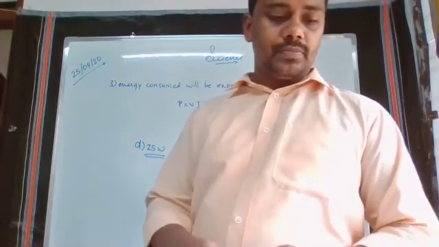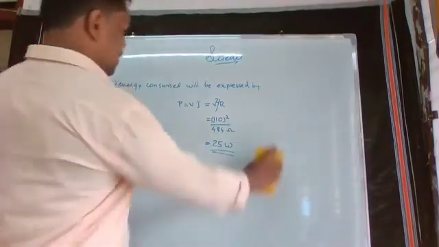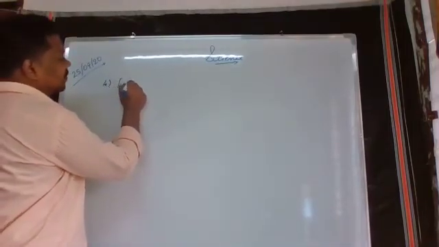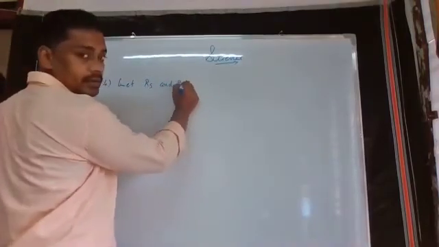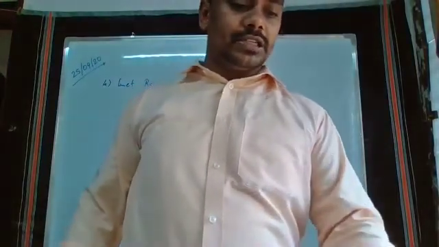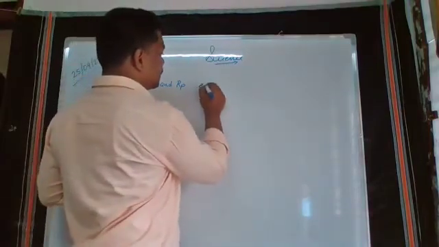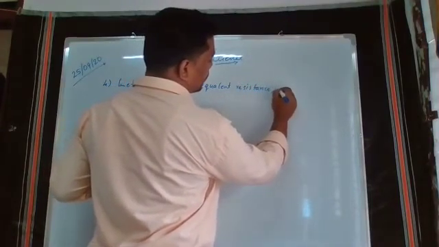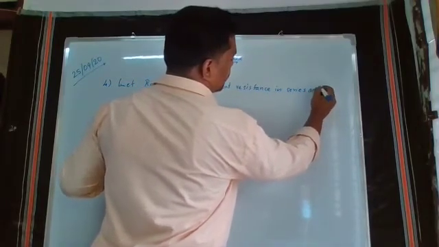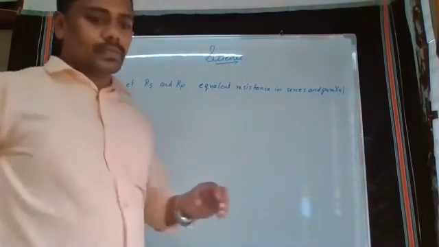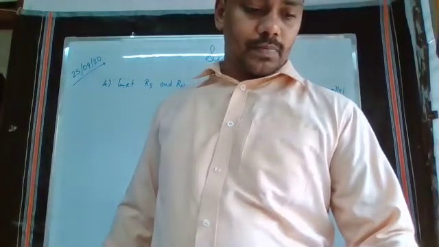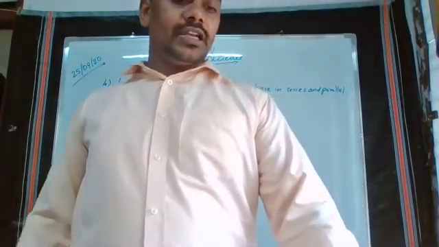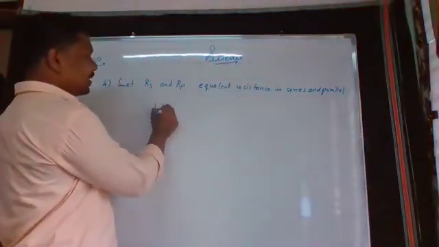Then let RS and RP be the equivalent resistance in series and parallel. So we will get the ratio as 1:4.